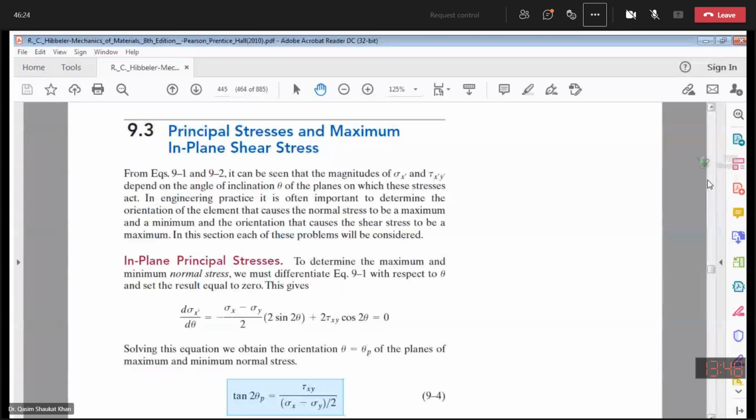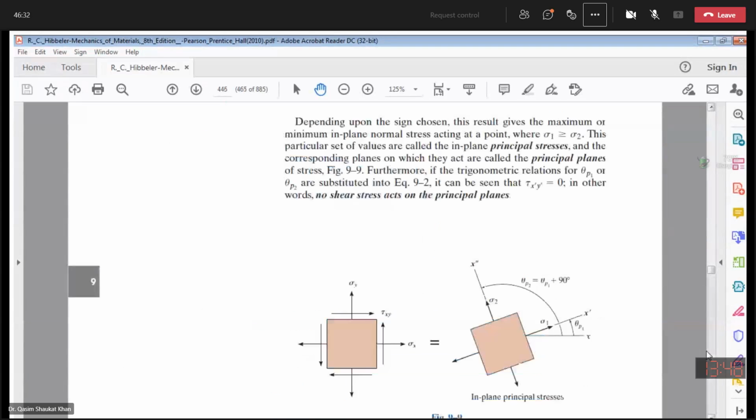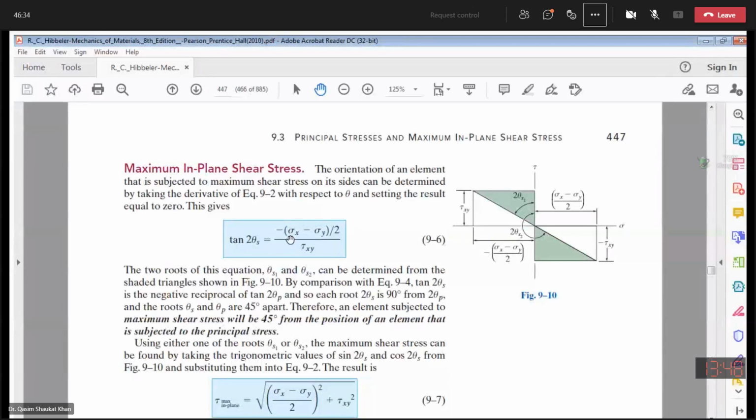So tan 2 theta p is basically 2 times tau xy over sigma x minus sigma y, and equation 9.6 is minus (sigma x minus sigma y) over 2 times tau xy. So the relationship between equation 9.4 and equation 9.6 is that tan 2 theta s is the negative reciprocal of tan 2 theta p.